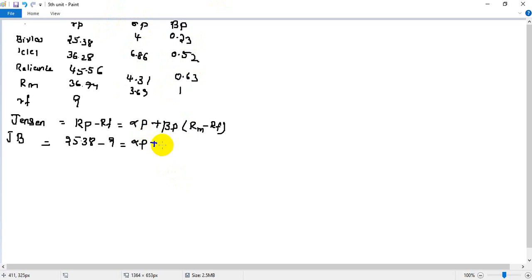Beta P is 0.23 into RM, which has been given as 36.74. I said you need to take only this part, minus 9. So 25.38 minus 9 is 16.38, equal to alpha P plus 0.23 times 27.74, which gives 6.38.